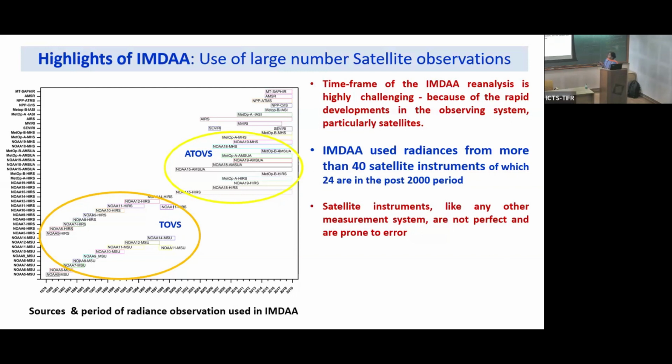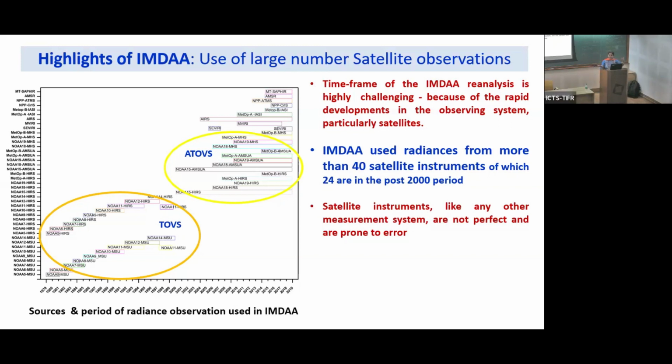The time frame of the IMDAA reanalysis is highly challenging because of the rapid development in the observing system, particularly the satellite observations. IMDAA used radiances from more than 40 satellite instruments, of which 24 are in the post-2000 period.